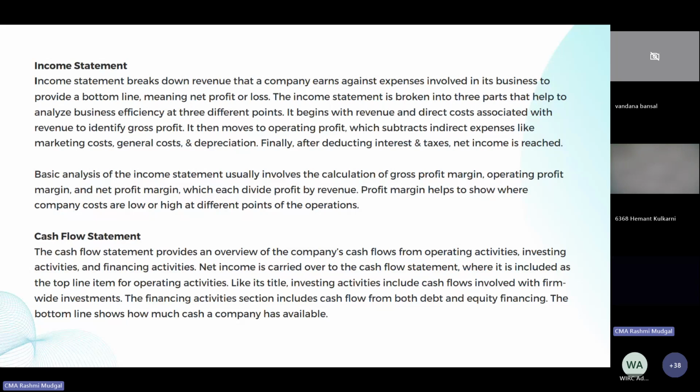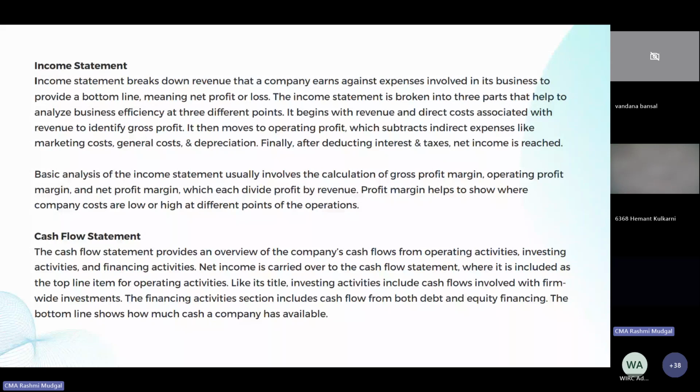Finally, after deducting interest and taxes, net income is reached. This is how we calculate the net profit. Basic analysis of the income statement usually involves the calculation of gross profit margin, operating profit margin, and net profit margin, each of which divides profit by revenue. Profit margin helps to show the company's cost as low or high at different points of the operation.